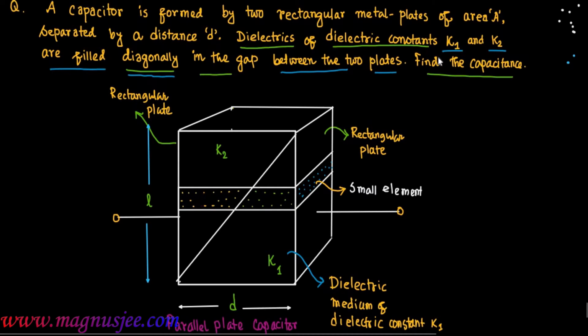We can denote the capacitance of the small element of dielectric media of dielectric constants K1 and K2. dC2 is the capacitance of the small element of dielectric constant K2, and dC1 is the capacitance of the small element of dielectric constant K1.